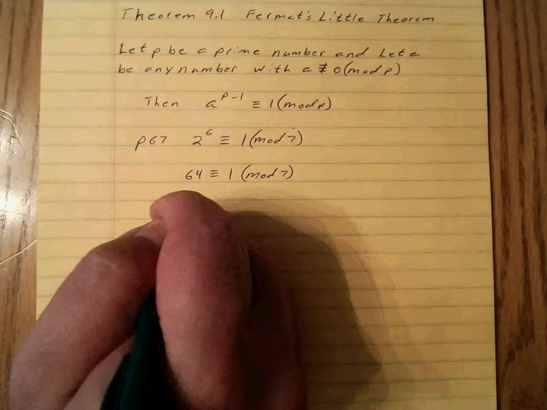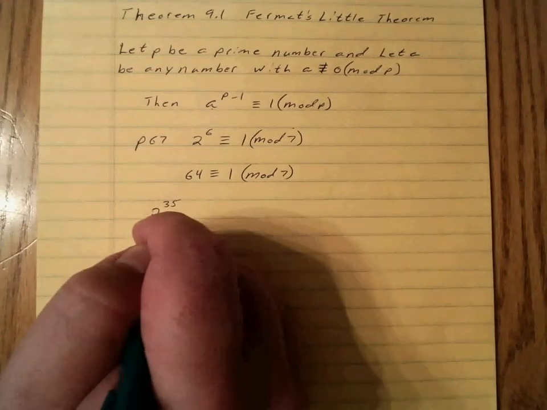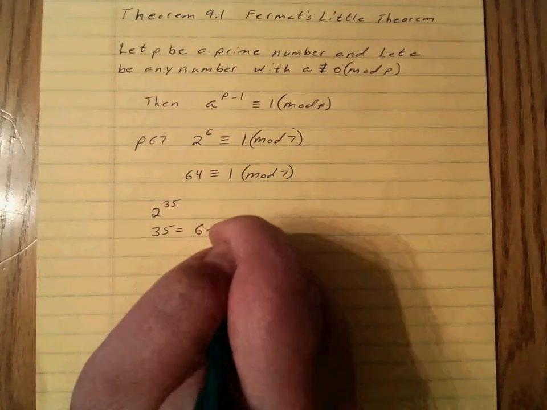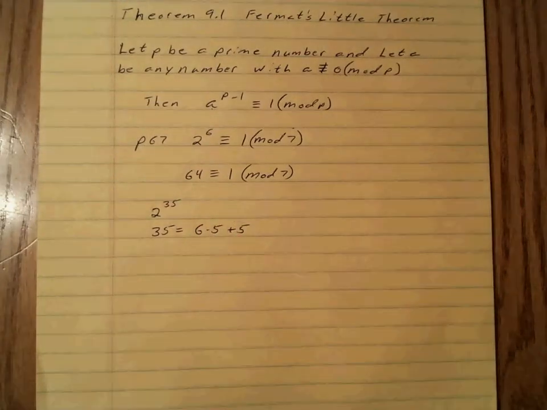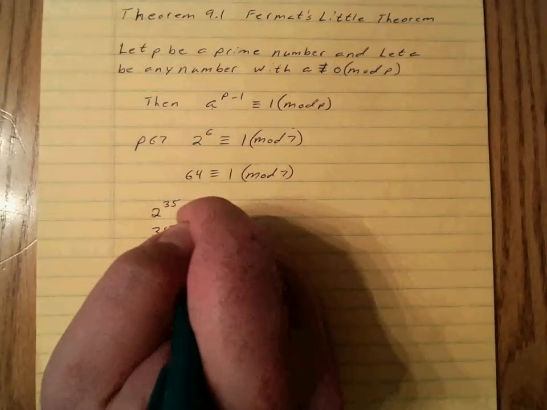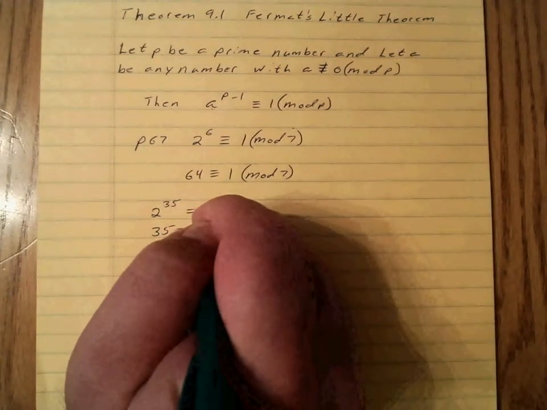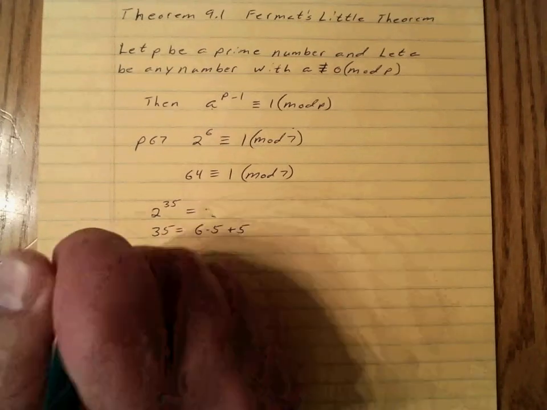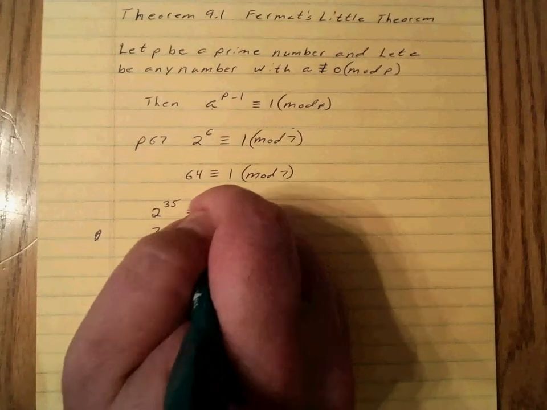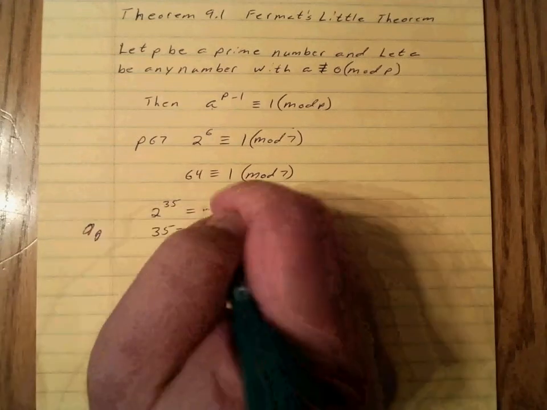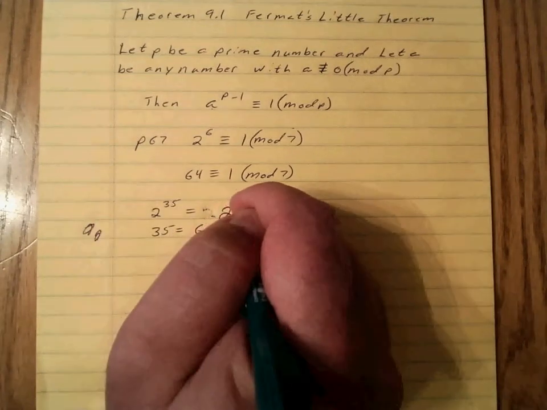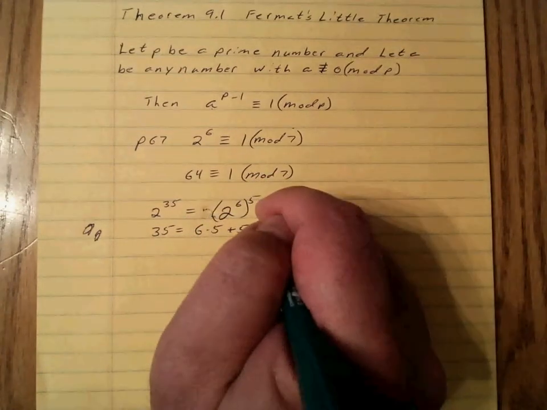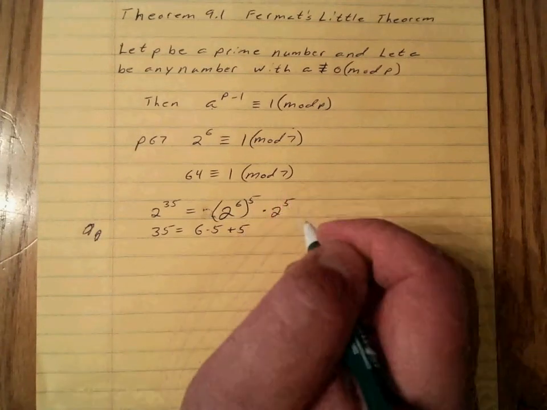So what we're able to do is take anything of this nature. If we have 2 to the 35 power, we're able to rewrite the 35 as 6 times 5 plus 5. So what that means is that this can be written as 2 to the 6th power raised to the 5th, times 2 to the 5th power.